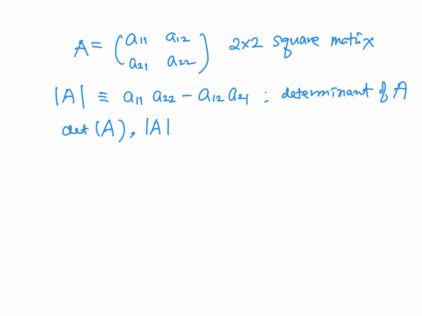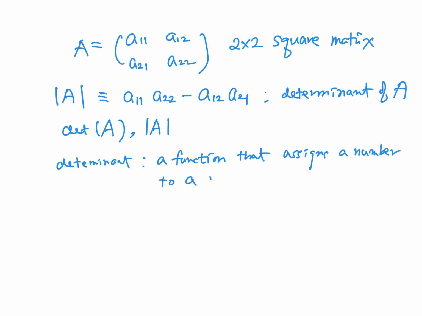One is specify determinant, like in the first place, or absolute value of A. So determinant is actually, you can regard a function that assigns a number to a square matrix.